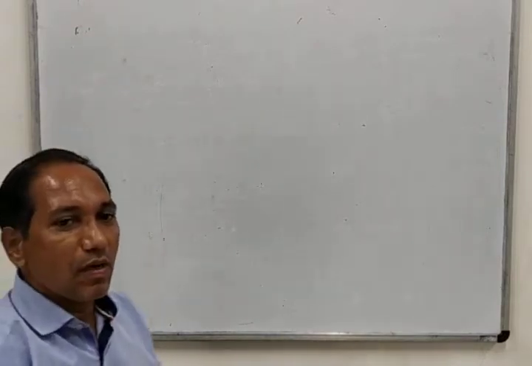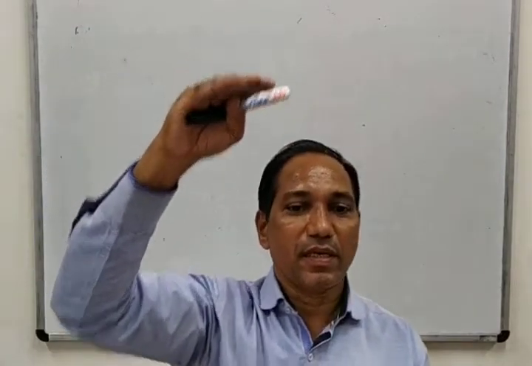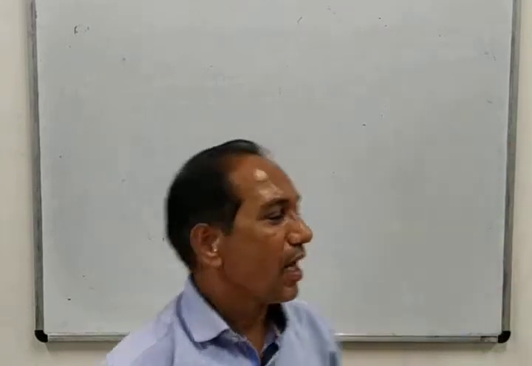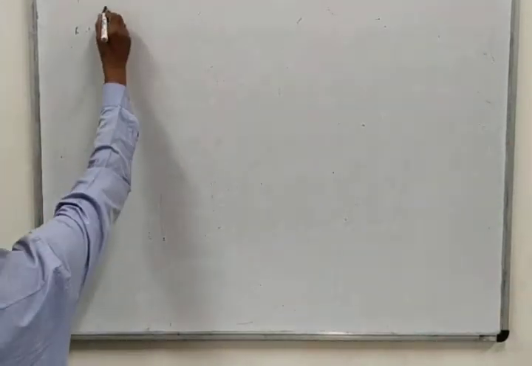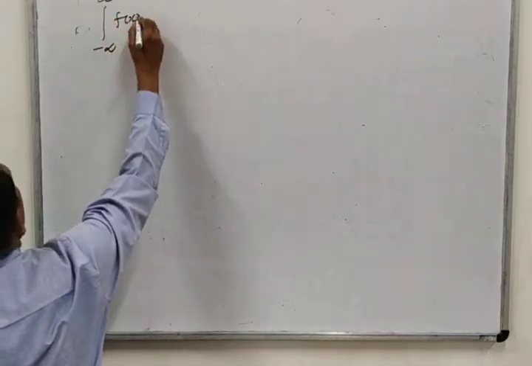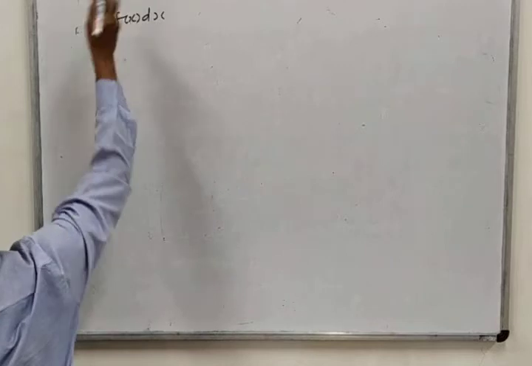So up to now we have seen the examples when the upper limit is infinity and when the lower limit is infinity. Now let us see the examples when both the limits of integration are infinite, that means minus infinity and infinity.